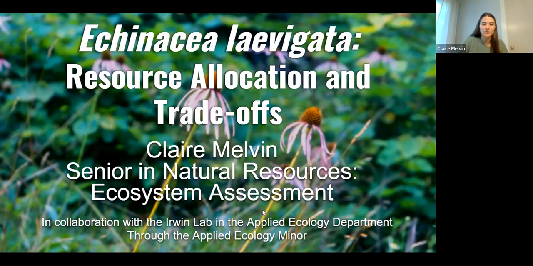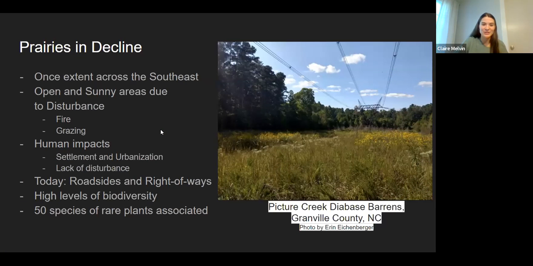So it's important to understand the habitat that Echinacea is found in, and they are found in prairie communities that were once very common across the Southeast United States and were historically maintained by disturbance of fire and grazing. And due to human impacts like settlement and lack of disturbance, these plant communities are in decline.